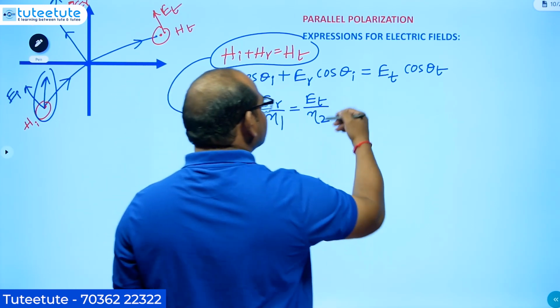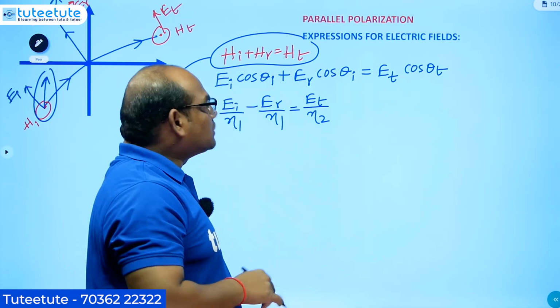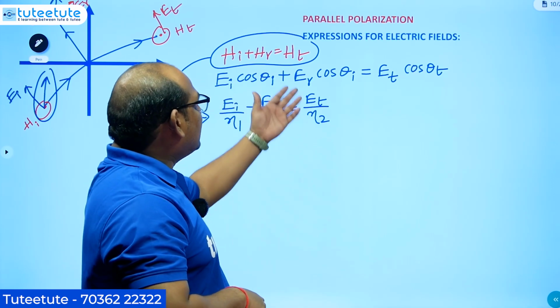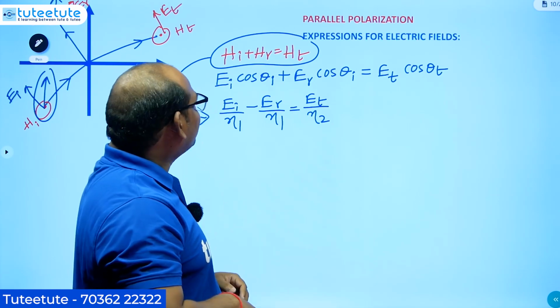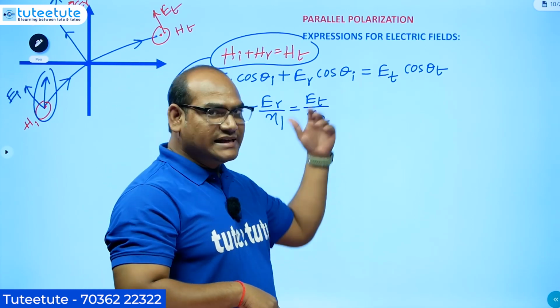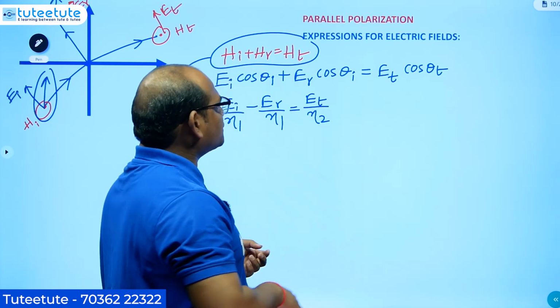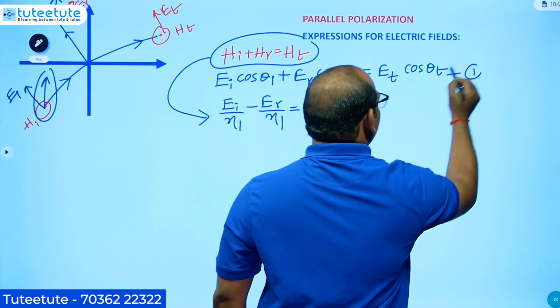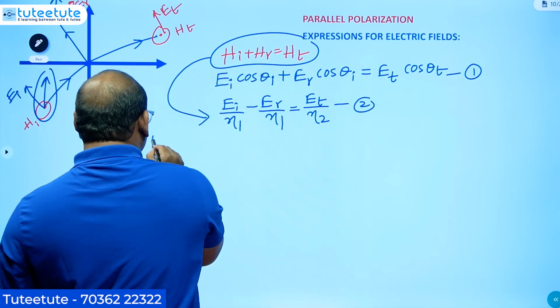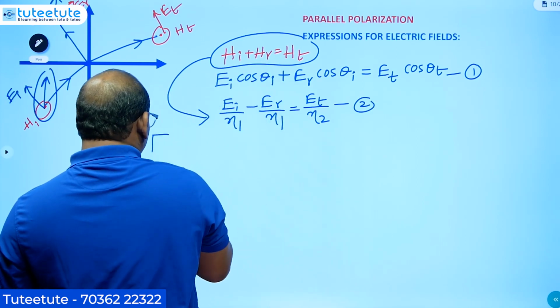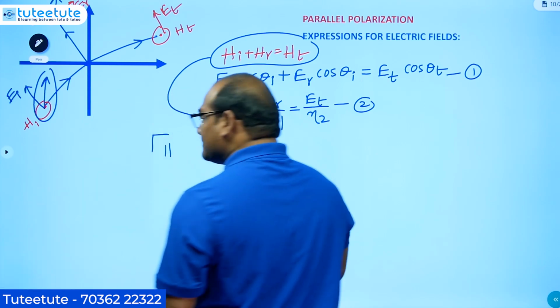Now we have two equations related to electric fields only, so that we can get the ratio of this reflected wave and incident wave to get the reflection coefficient, and we can get the relation for ET and EI to get the transmission coefficient. So this is equation 1 and this is equation 2. Now I am looking for this reflection coefficient in case of the parallel polarization.